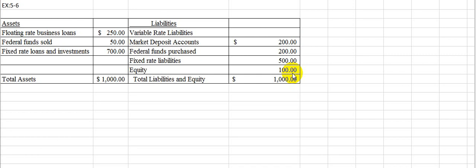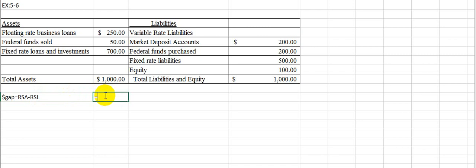Part A says, what's the dollar or maturity gap? The dollar gap, as we all know, is equal to RSA minus RSL, or ISA minus ISL.